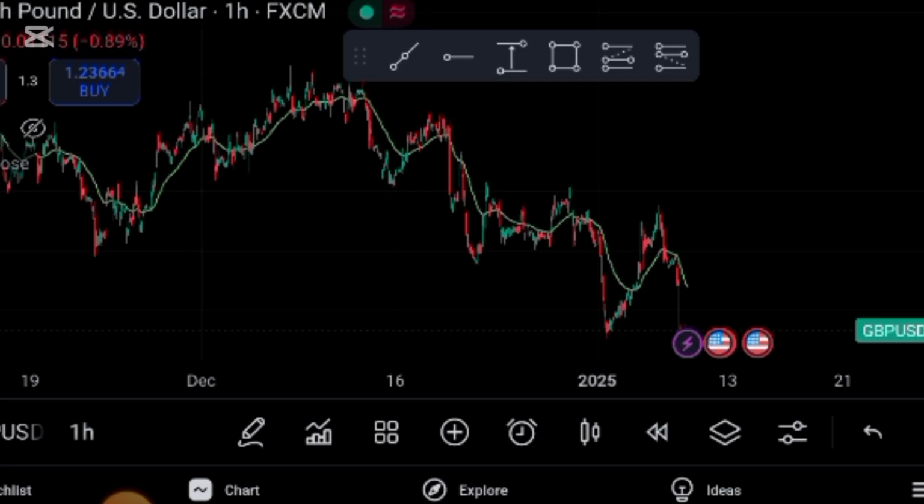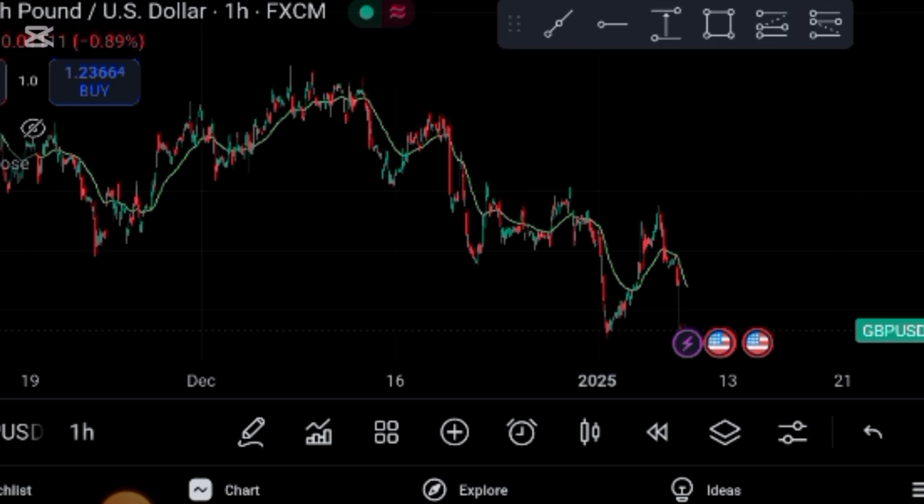So in today's video, I'm going to be sharing with you guys exactly how to draw trend lines on TradingView. When you open your chart, you will choose from the list of pairs that you want to trade.